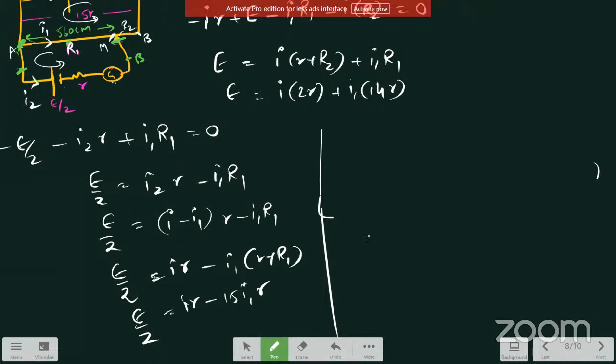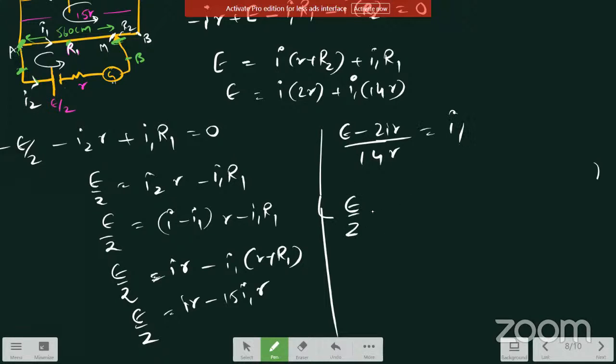Now see what you have to do here. Let us solve. Somehow we can solve this. E minus 2IR by 14R will give me I1. Let me put it here.